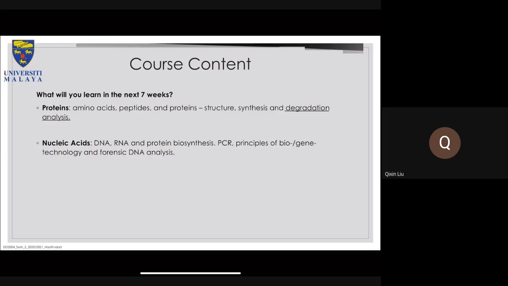Under the subheading of proteins, you will learn about amino acids, peptides, and proteins in terms of the structure, how you can synthesize them, and how you can analyze them. On Tuesday we did this. We looked at how we can degrade the amino acid and thus be able to analyze the sequence.